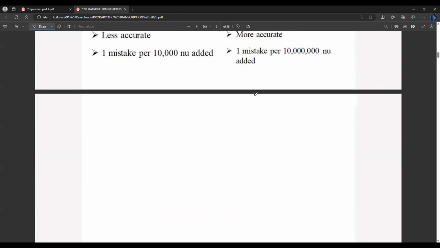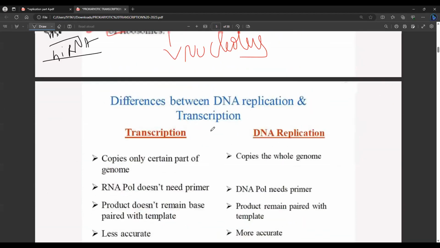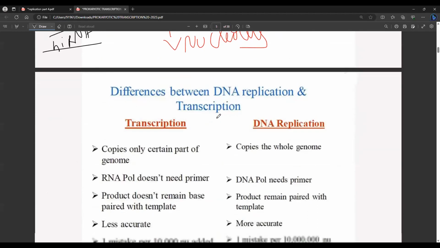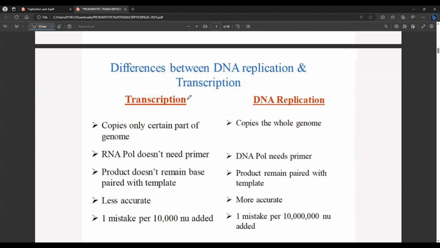Okay. Now, before understanding the process of transcription, we have to study the fundamental differences between transcription and replication. If they ask you a very simple question, replication, transcription, translation, which is the most accurate step?